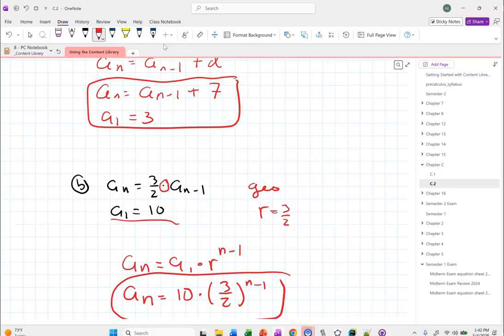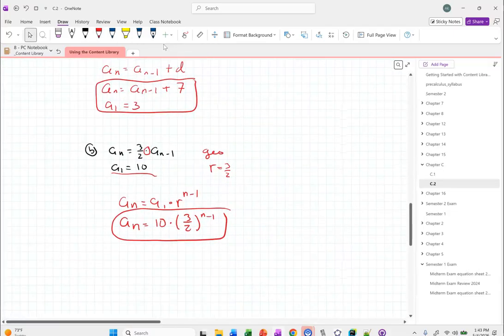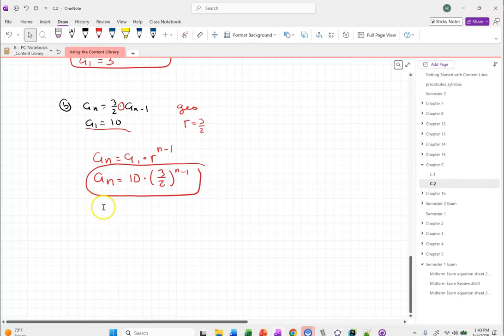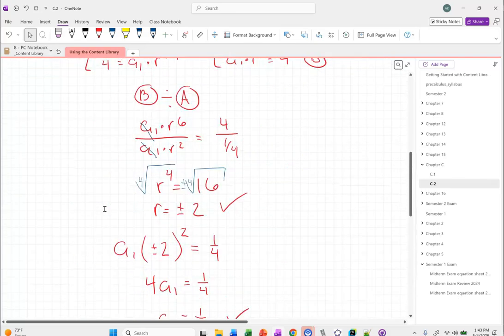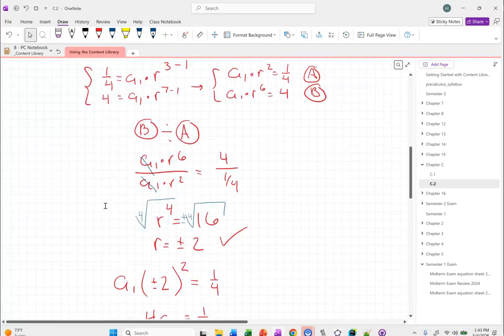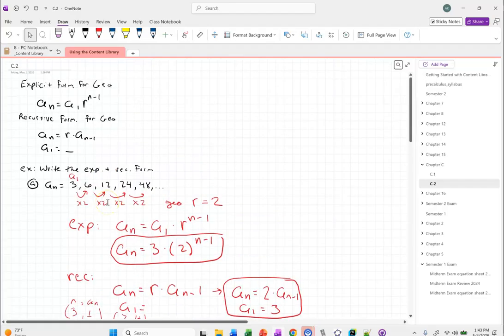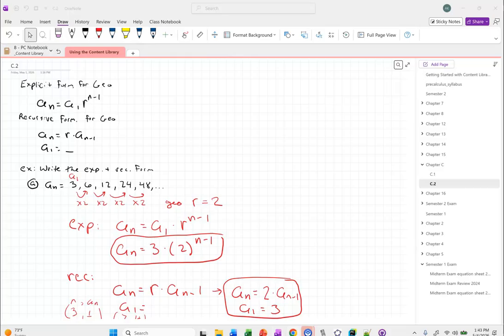How to go back and forth between explicit and recursive formulas for both types. And this is our stopping point for today. Look at that. I was 2.5 minutes early when I said 20 or 30 minutes. That's not bad, right, guys? That's a good estimate. Over under. We went under today.